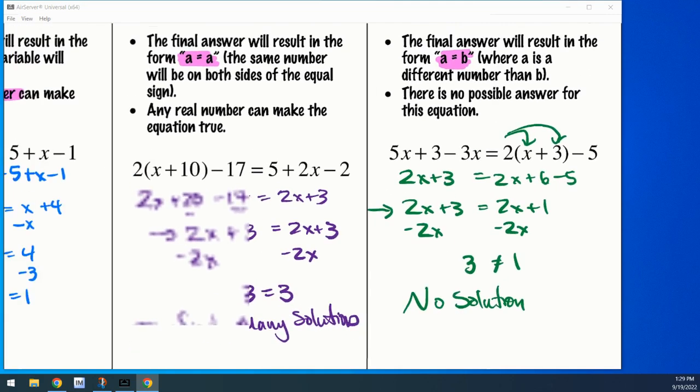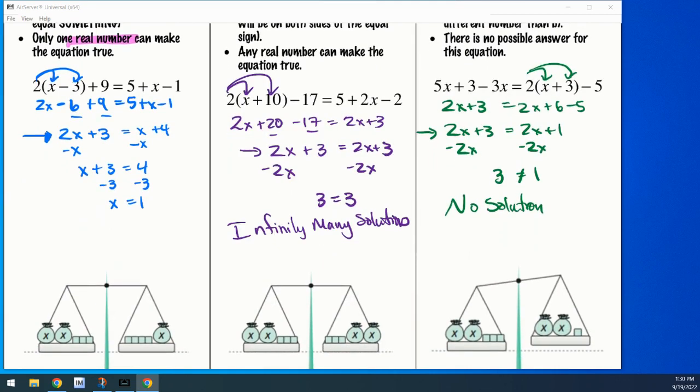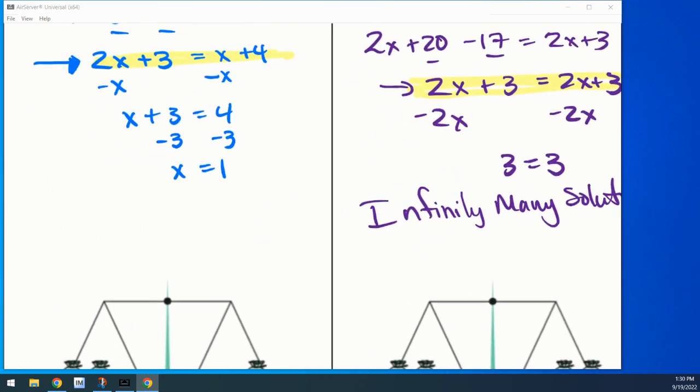Okay, so what I want to do is I want to look at those stages that have this stage right here, this stage right here, and this stage right here. Okay? If I look at this, I'm actually going to write in hot pink. If I look at this highlighted stage here, and I look on both sides of the equal sign, the coefficients are different.